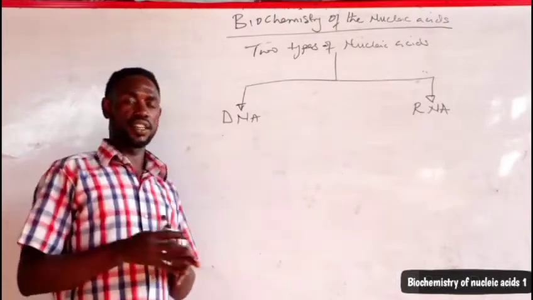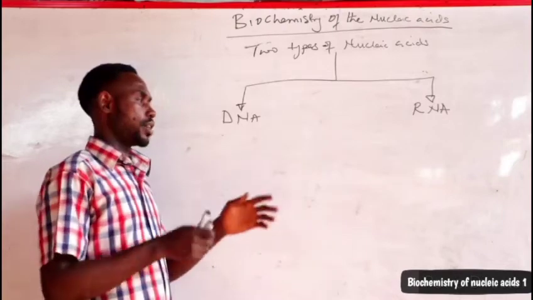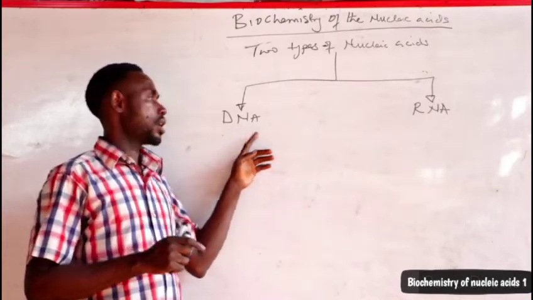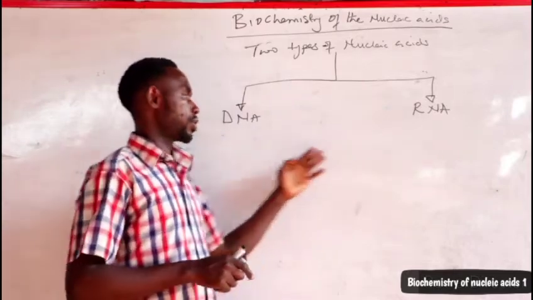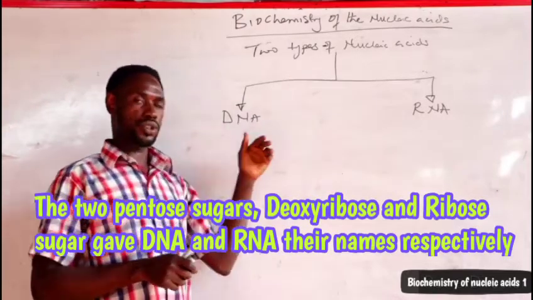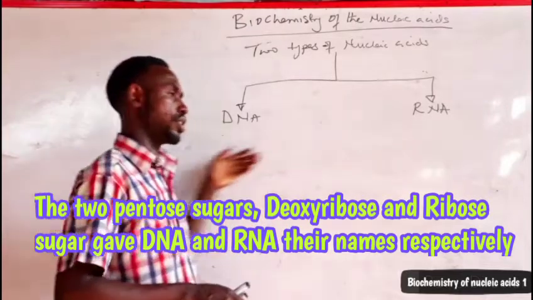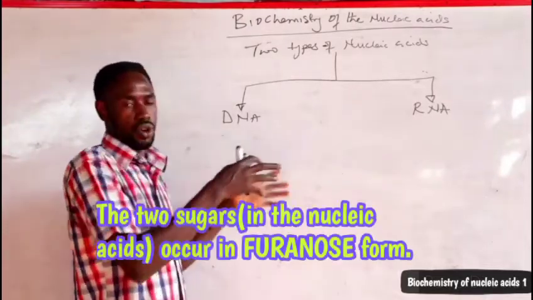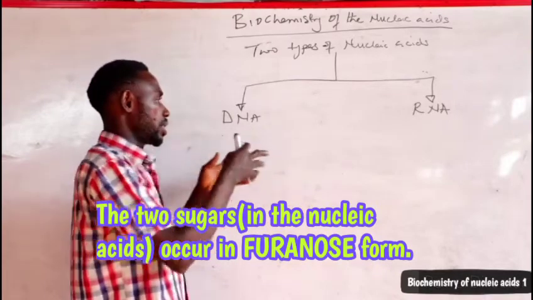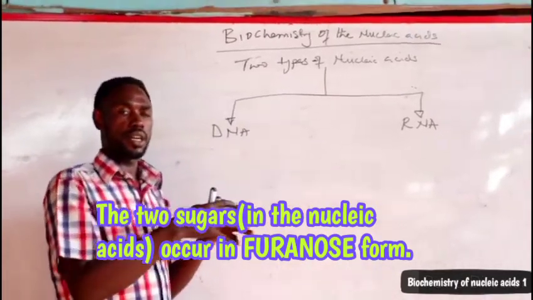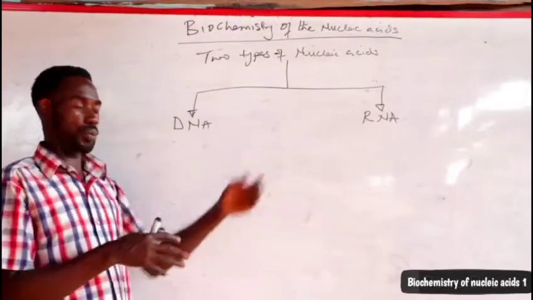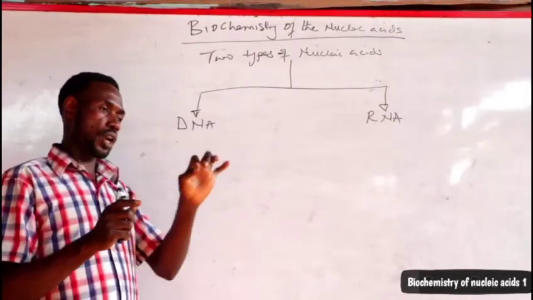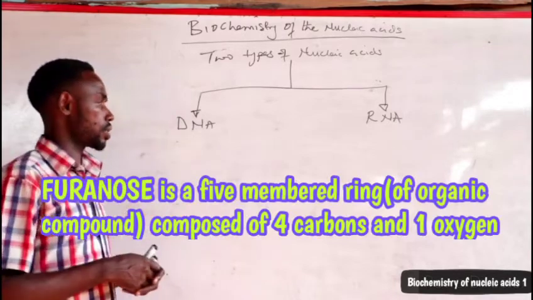At least they differ in their sugar. In the pentose sugar, this one has one oxygen less, while this one has one oxygen more. Because of the one oxygen less, it is called deoxyribose. But both of them are furanose structures. They occur in the cell as the sugars that make it up. The pentose sugar, a 5-carbon sugar, has one oxygen in the ring and 4 atoms of carbon.